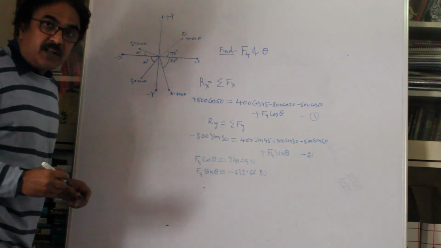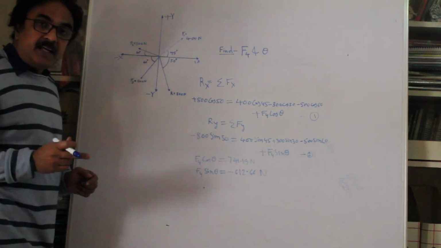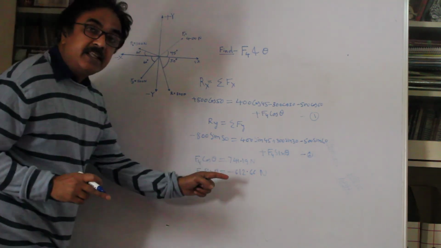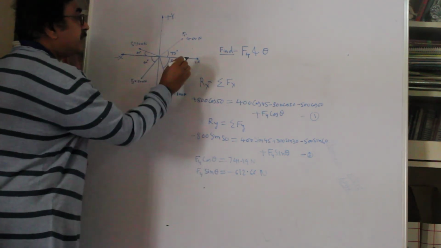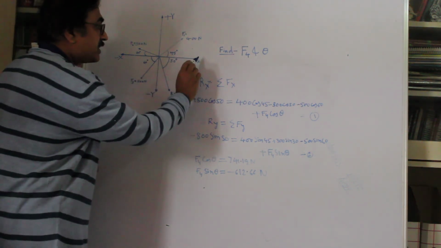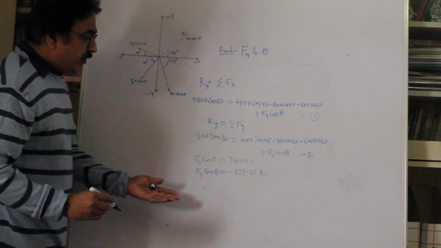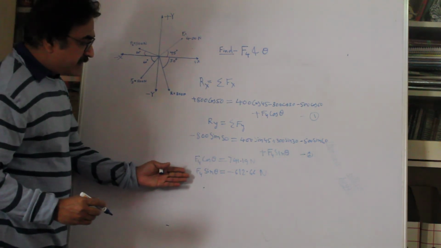So the horizontal component of force F4 is positive and the vertical component of force F4 is negative, which means the force is going to lie in the fourth quadrant, because horizontal is positive and vertical is negative only in the fourth quadrant.